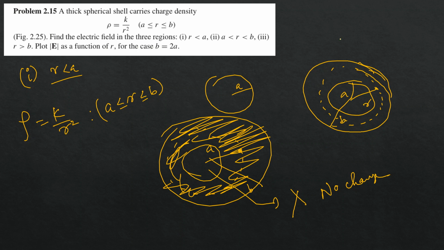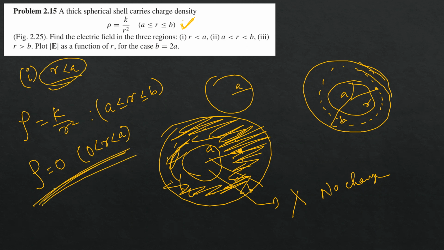You'll be thinking how it is zero, because here charge density is given between A to B, between these two. So charge density is zero if R is less than A, isn't it? It's not given. We have to figure it out.